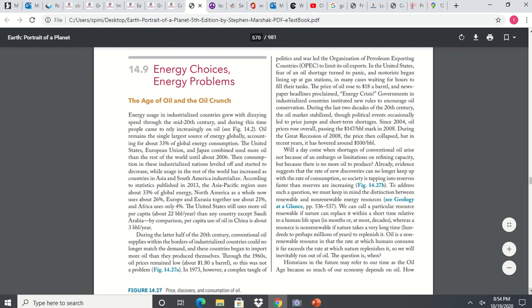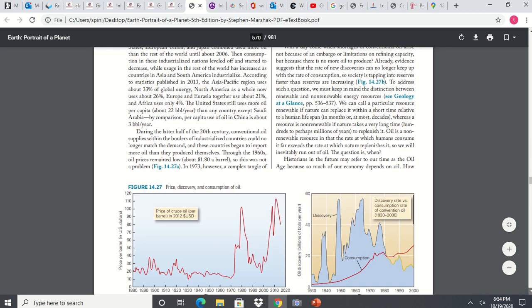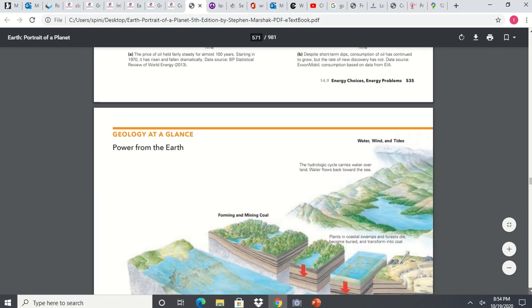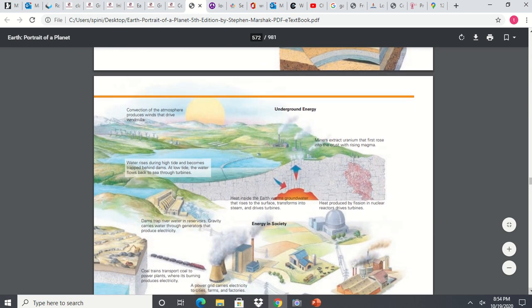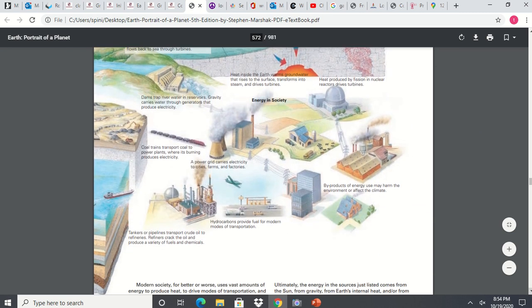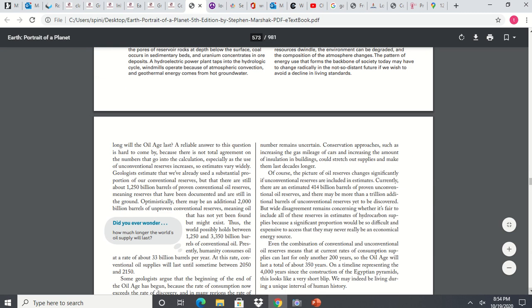You can't just stop doing one thing and start doing another one. It takes time. And so this is where the argument is happening. This is where people are fighting about how that's all going to happen, and your book looks at that from a general standpoint. There's your big picture that you need to look at and put in your notes.